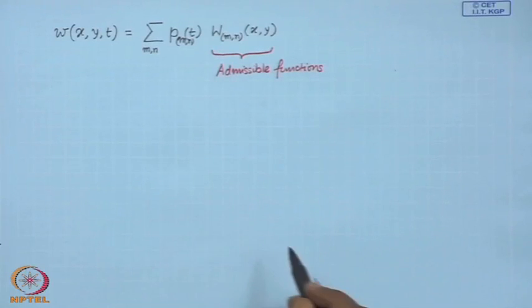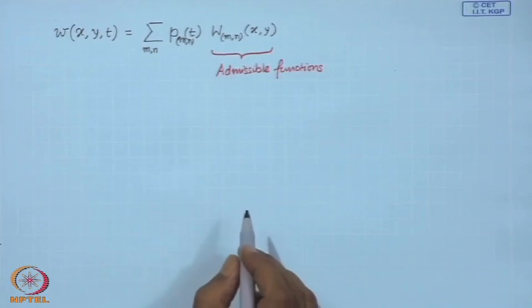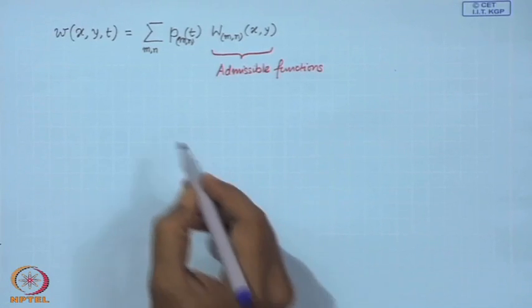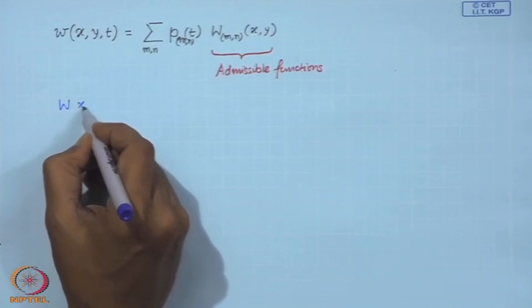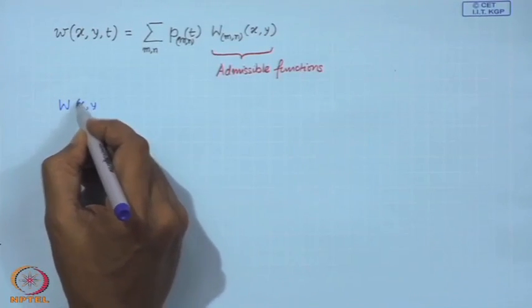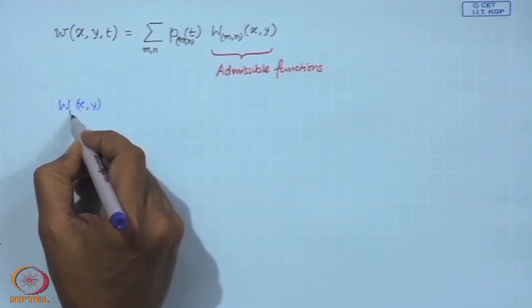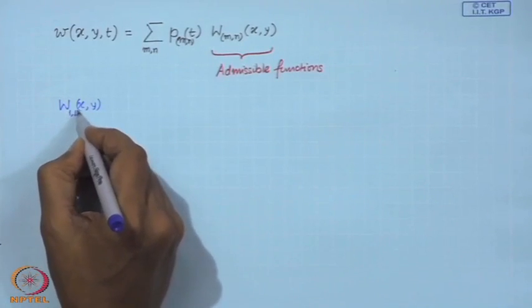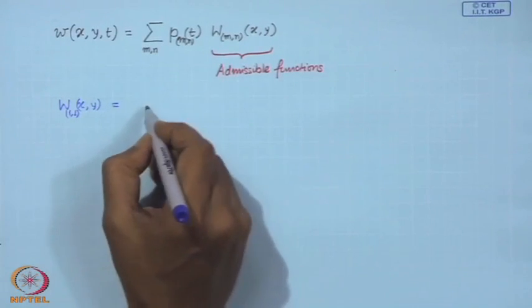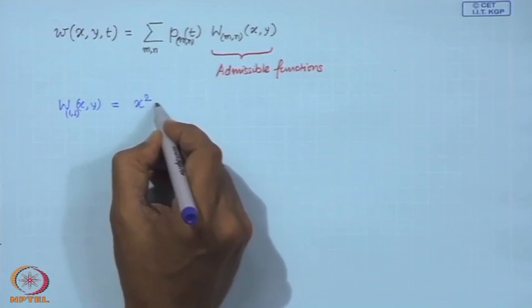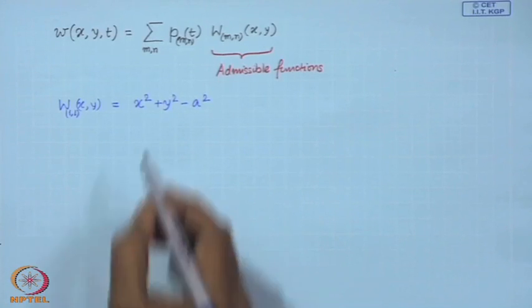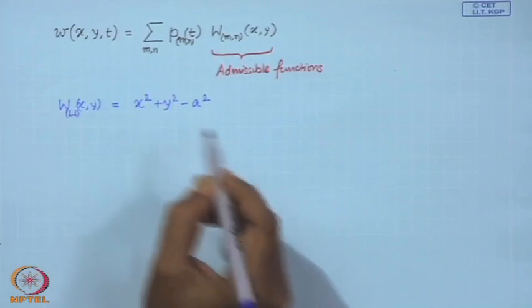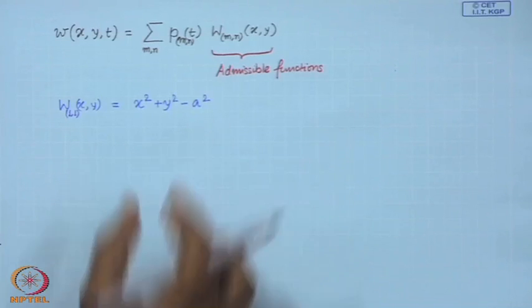Now, what could be a good choice of admissible functions for this problem? Suppose you choose W11, the first term in this expansion, as this.